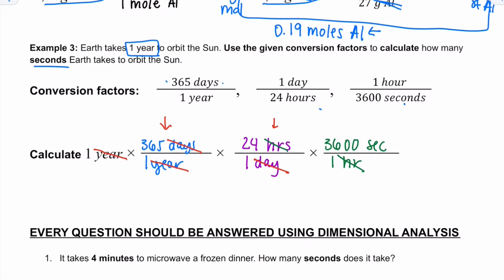So to do this math, I'm going to snake my way across, and I'll show you what that looks like. You are free to do the multiplication and division in any order that you want. Multiply all the top, then divide by all the bottom. Or do all the division first, then the multiplication. It doesn't matter. I, however, like to snake my way through so that I don't miss any of the numbers.